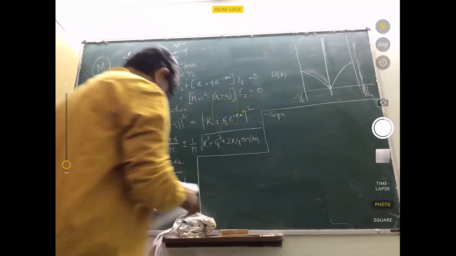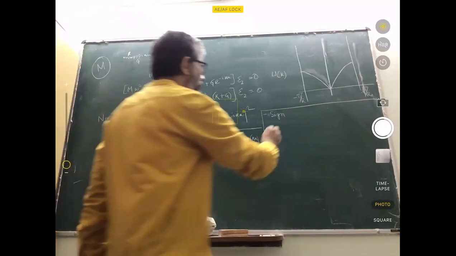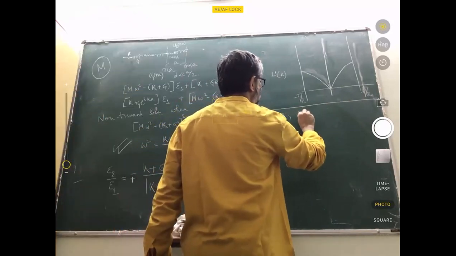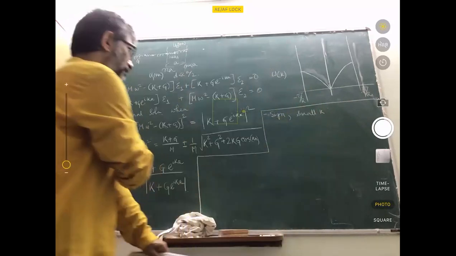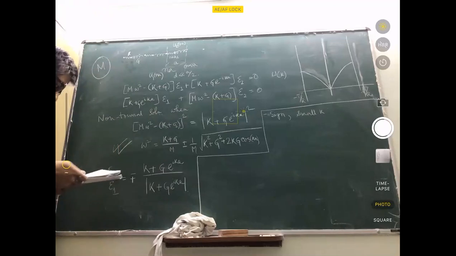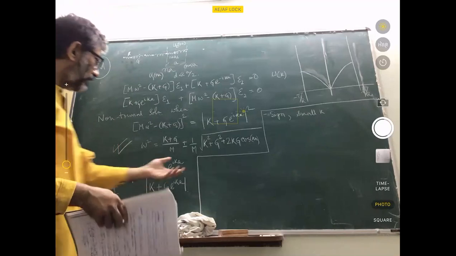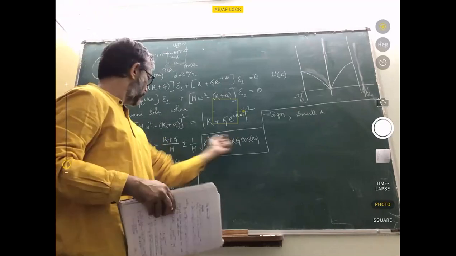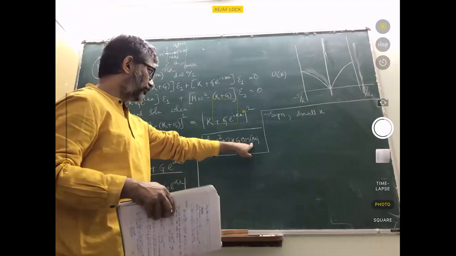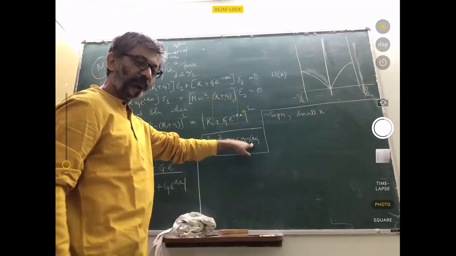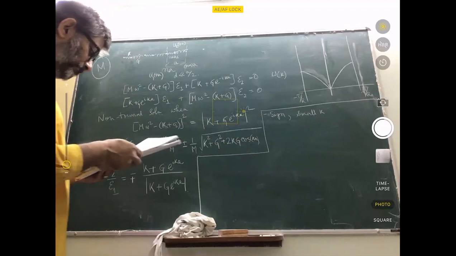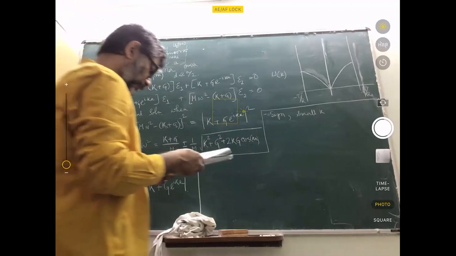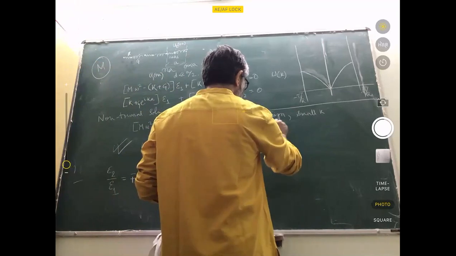and I look at the small case, k going to 0. So again, simple. You take this, take the minus sign, you expand cos Ka for small values of Ka. And after some manipulation, you will get omega of k.